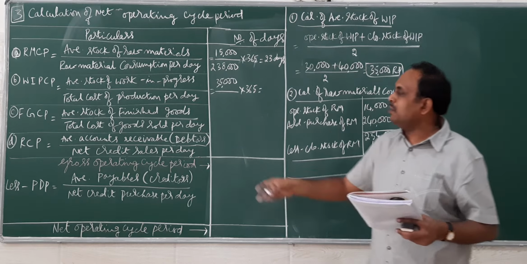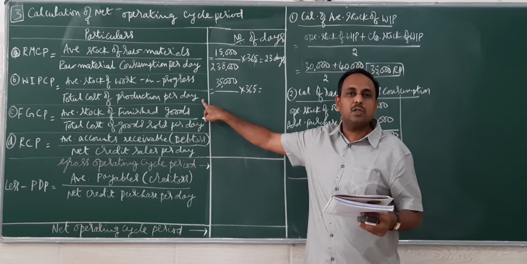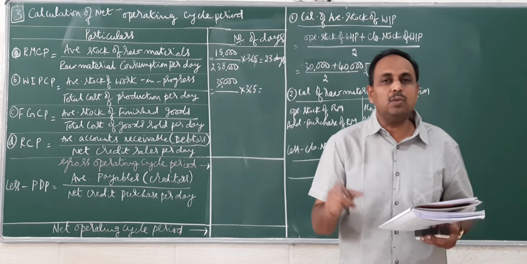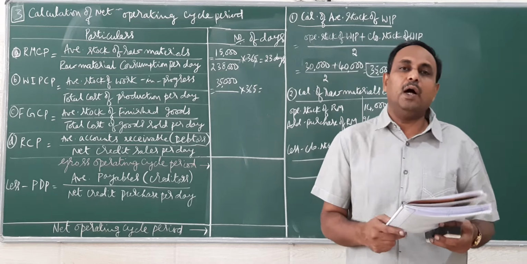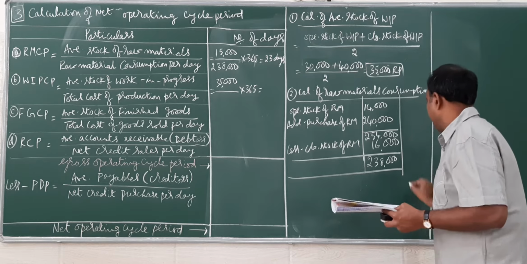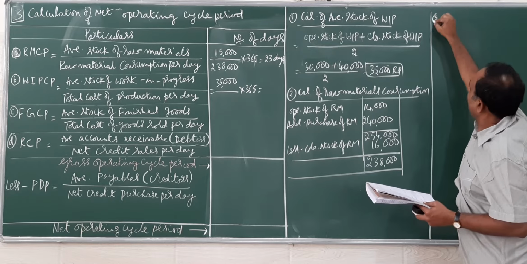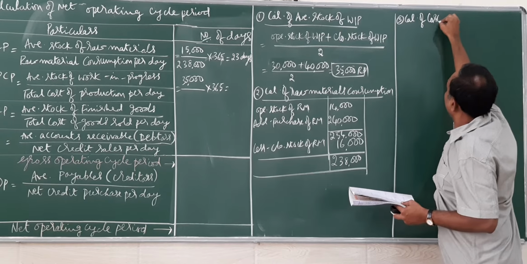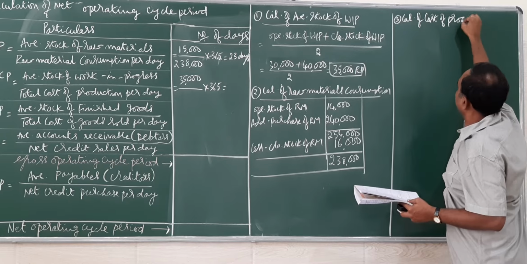Then we need here the total cost of production per day. Total cost of production is also not given in the problem, which we have to calculate. I'll go for one more calculation here for that purpose: calculation of cost of production.